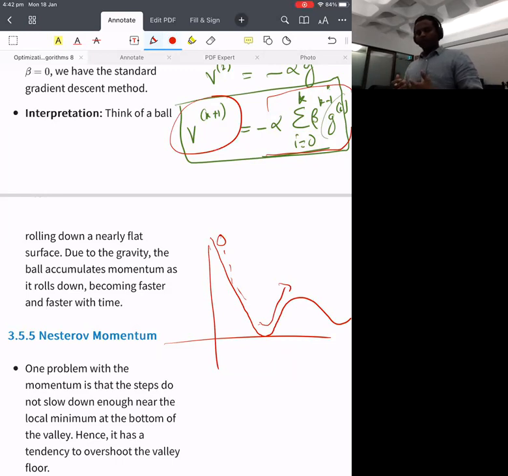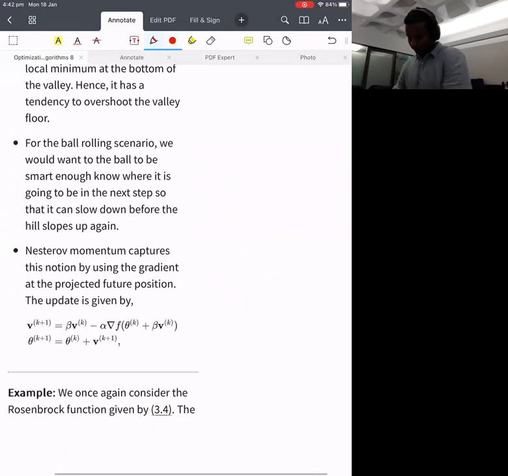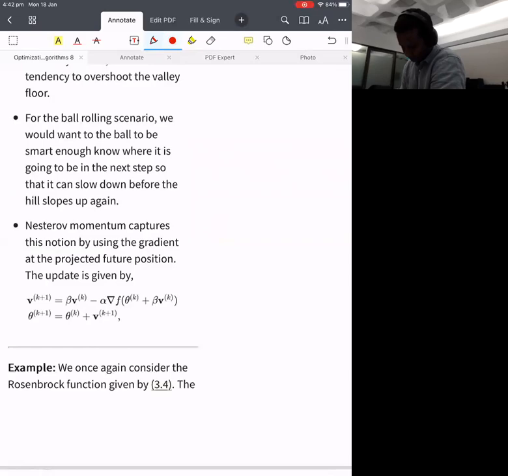So we need to make this ball a little bit smarter by letting it know that when you're closer to this point, suppose you're here, the next point will be somewhere here, and you need to tell it that it will overshoot if you move too much. That's what happens with the Nesterov momentum, where we do this instead of the earlier update.